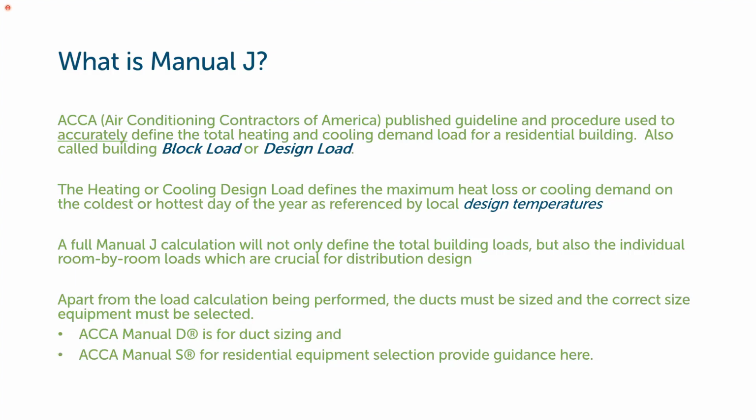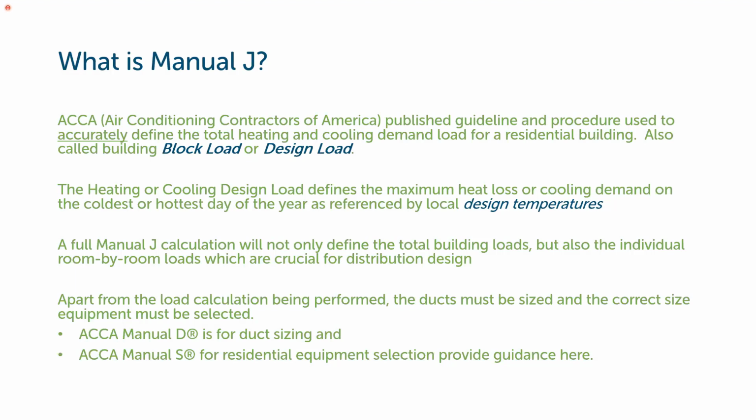ACCA is the Air Conditioning Contractors of America. Manual J is actually the load calculation process for building design loads or block loads. So this is basically what the maximum heat loss or cooling demand on a building would be on the hottest or coldest day of the year. And that's why we're using those local design temperatures noted in the previous slide.